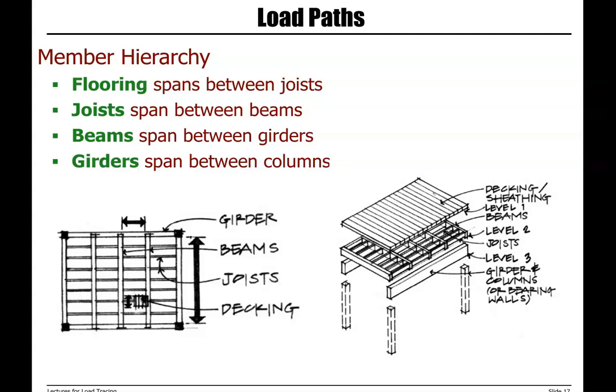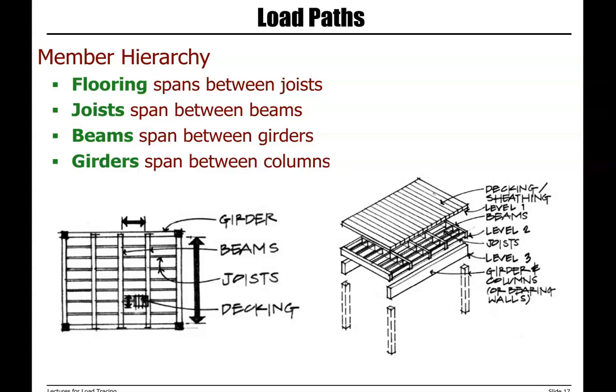Member hierarchy is also very important. You need to make sure that you are following the load path carefully. For example, in the flooring system, flooring spans between joists. Joists span between beams. Beams span between girders, and girders span between columns.